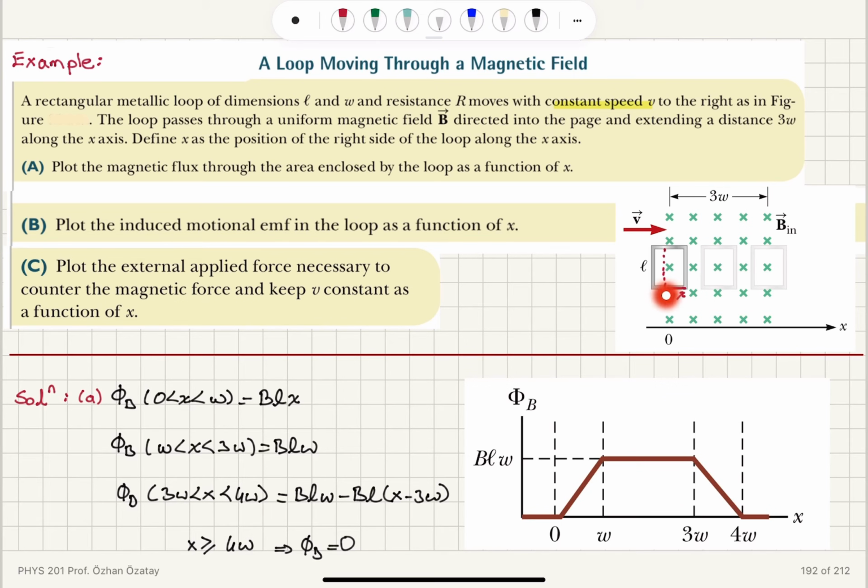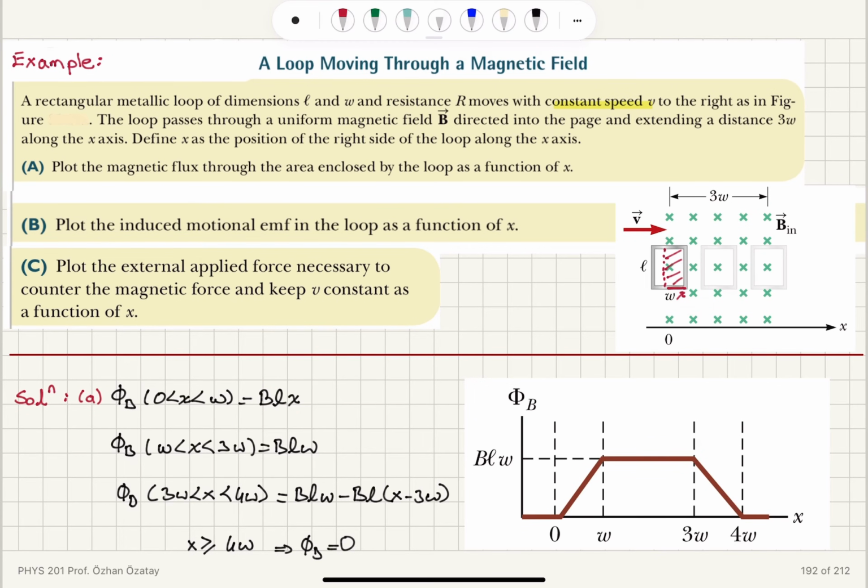If this is basically our origin, if it's inside the loop by an amount x, x times L will be the area inside. So BLx will be the flux, until x is equal to W, where it's going to be BLW.